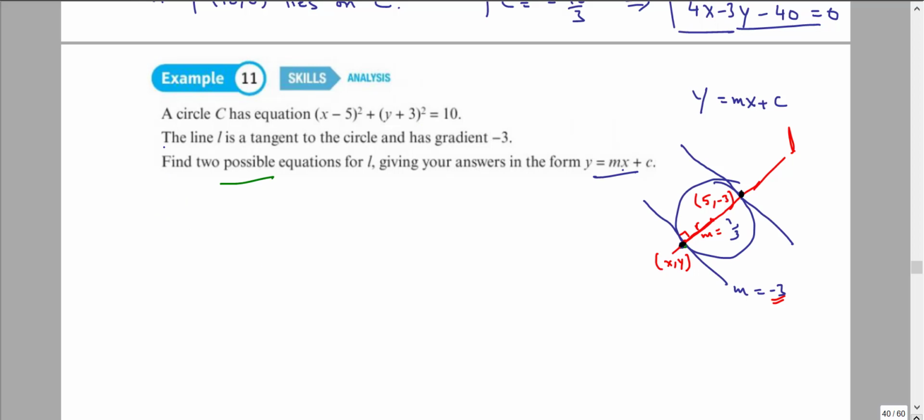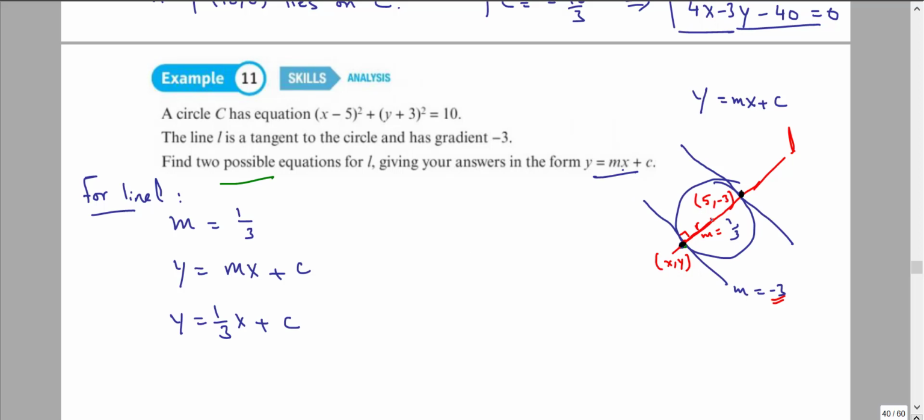We know m here for the line, the diameter or radius. M is what? We said 1/3. So y equals mx plus c, meaning y equals 1/3 x plus c. How do we get c? Use a point on the line. Any point. You have the center, the point (5, -3), use it.